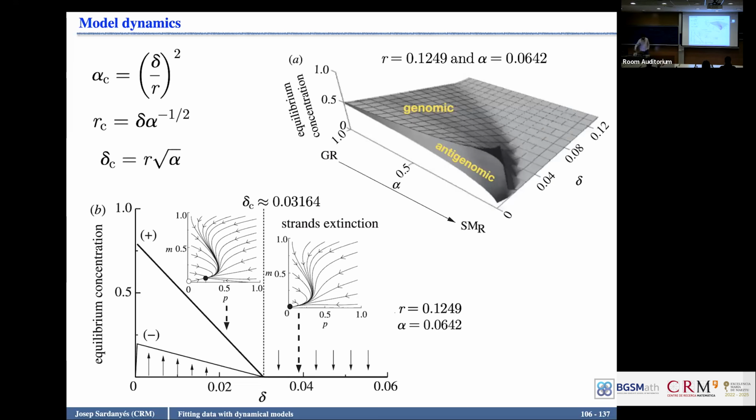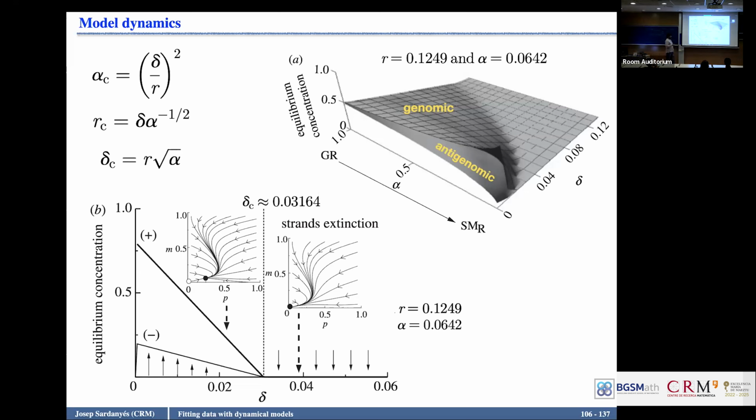This is very trivial. But one interesting thing is that if we make a 3D bifurcation diagram, tuning alpha from stamping machine to geometric replication, and here we put delta, we see that when we have replication that is close to stamping machine, this critical value is lower.